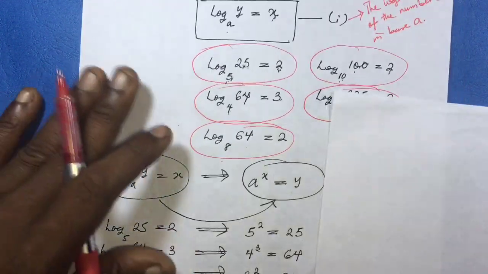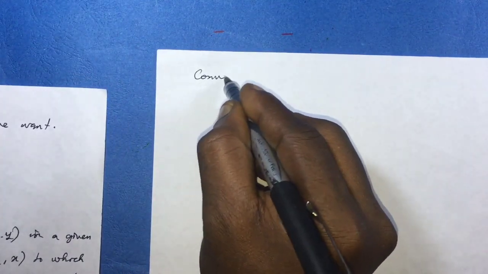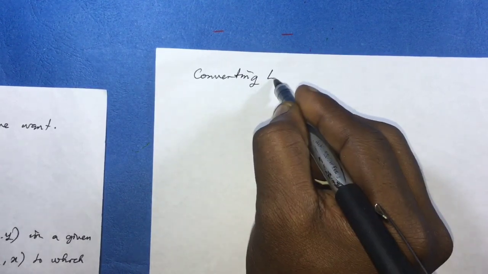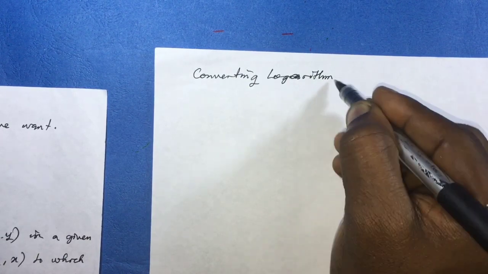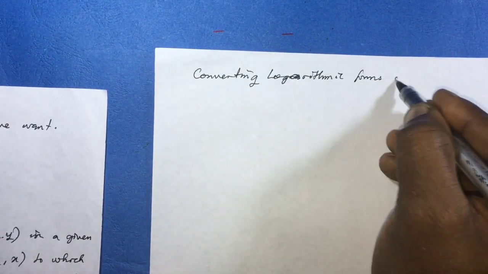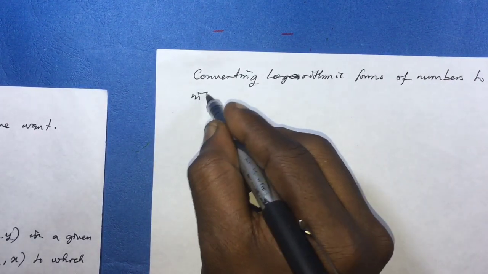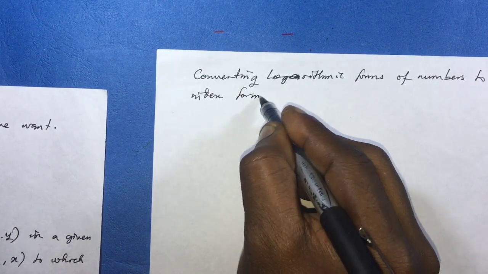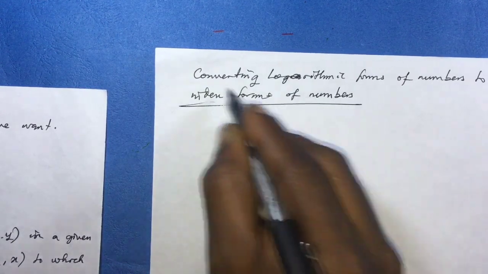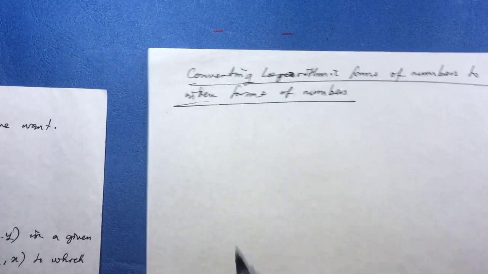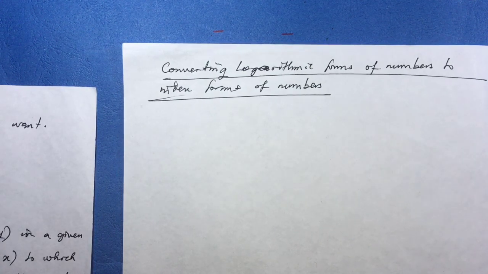Now let us take more examples on that. I'm going to call it converting logarithmic forms of numbers to index forms of numbers. Okay, so if I give you the logarithmic form of a number, you should be able to convert it to its corresponding index form.